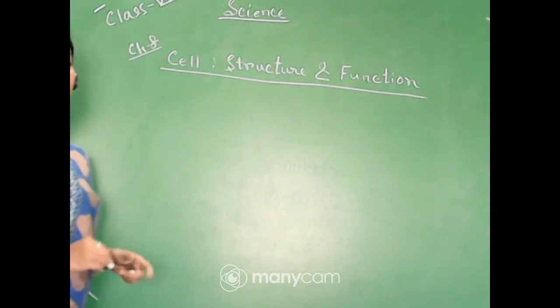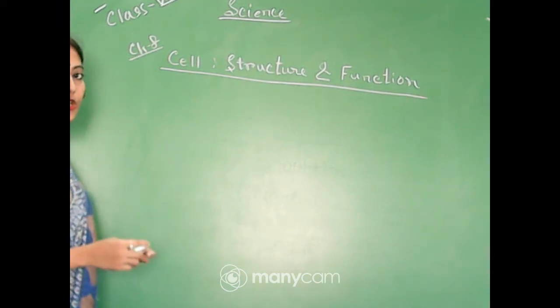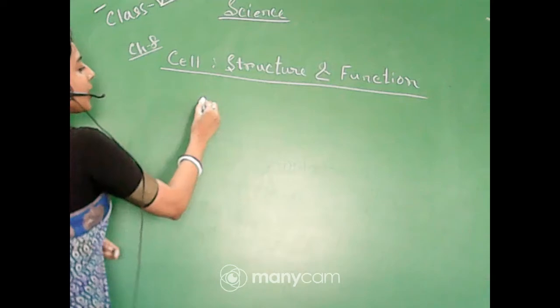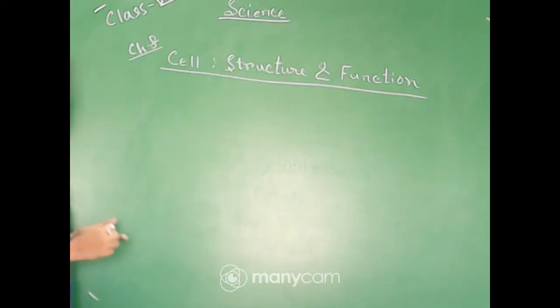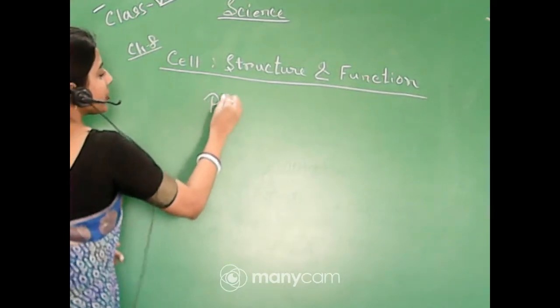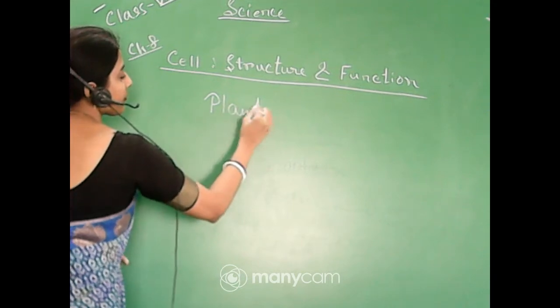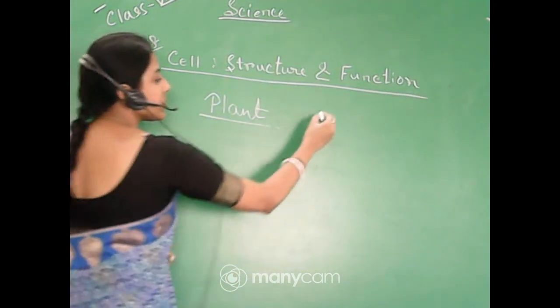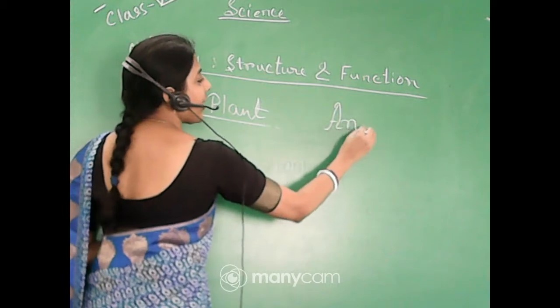We will be moving to the last portion of the chapter, which is the difference between the cell structures of the plant and the animal cell. What are the differences between a plant cell and an animal cell?